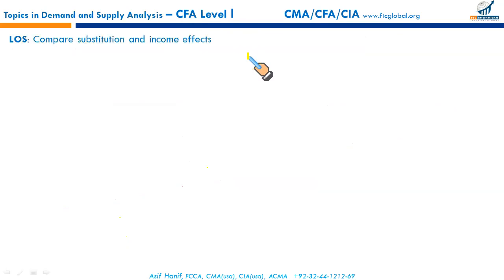Next, we compare the substitution and income effect. All right. Substitution effect. When the price increases, let's say we have a good X and its price increases.